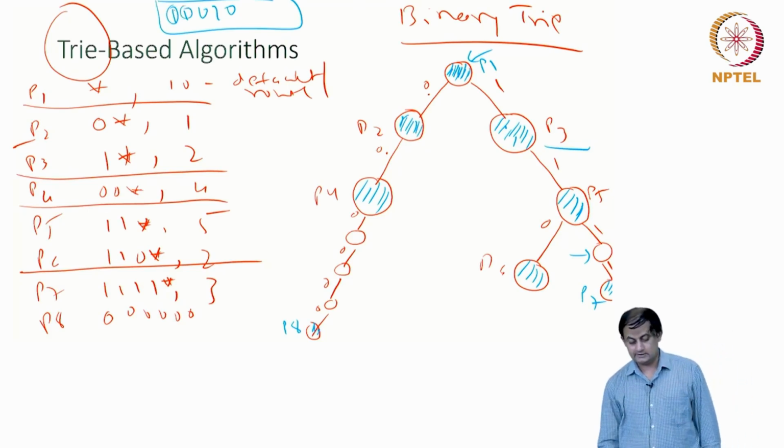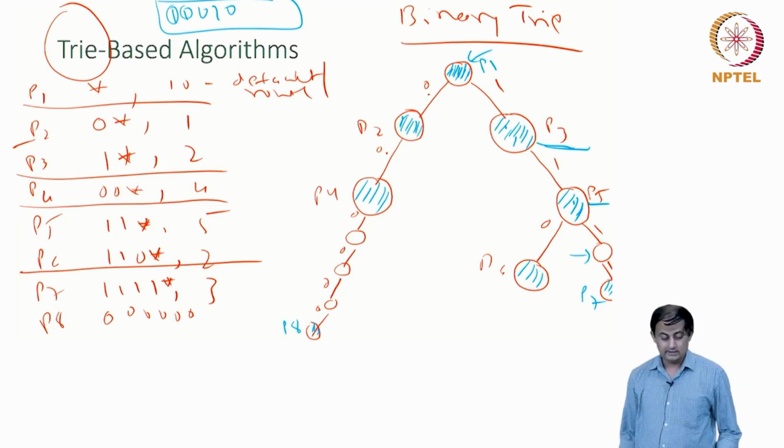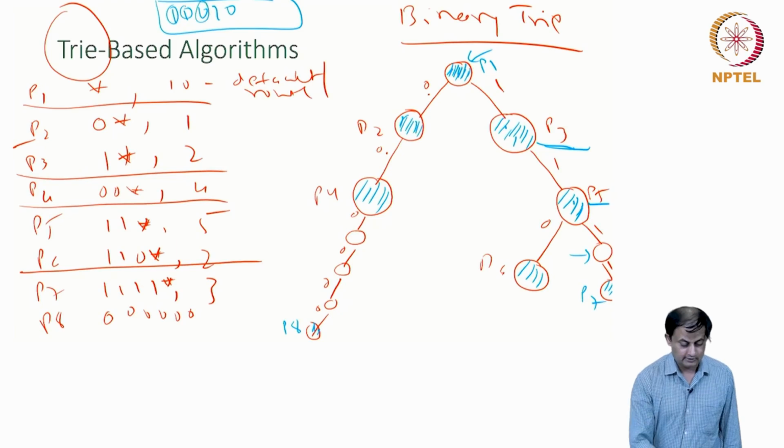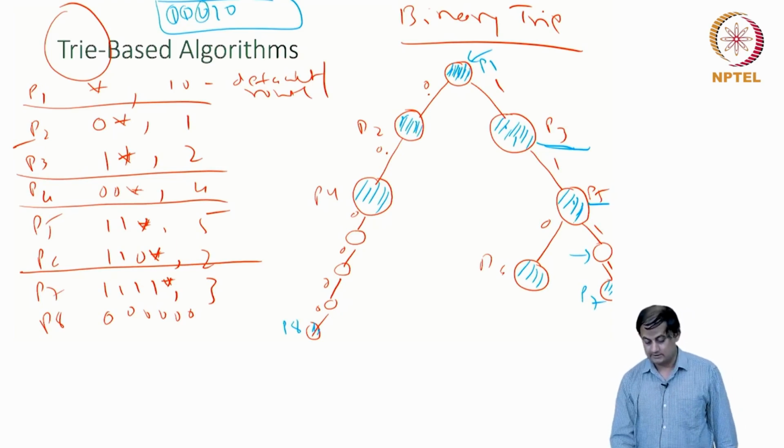Then I go to the second bit and ask, is there a child with the label 1 for this node? Yes, there is. I come here and remember P5 is the best match found so far. Then I read the third bit of the destination IP address and continue the search, and there is a node with the label 0, and I come to the node P6.